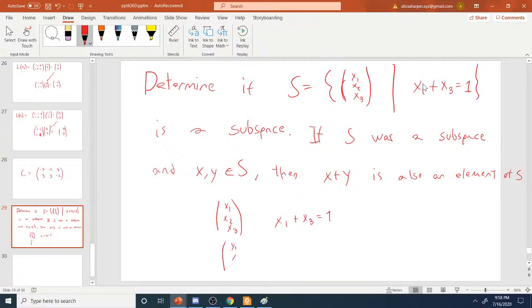And if we have y1, y2, and y3, then we know that y1 plus y3 is equal to 1.